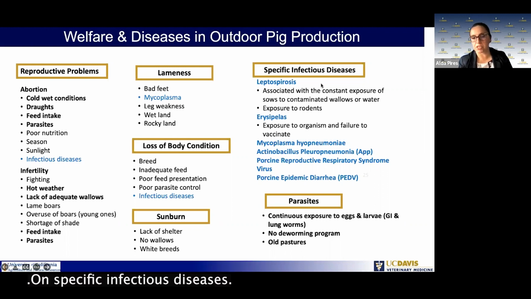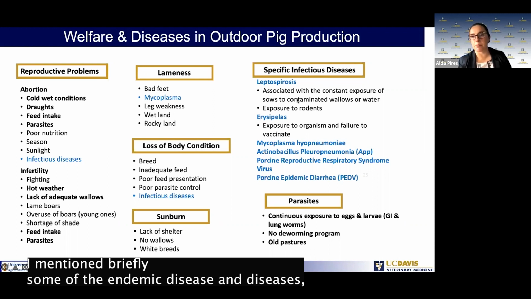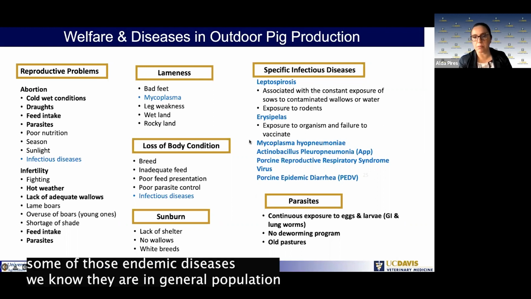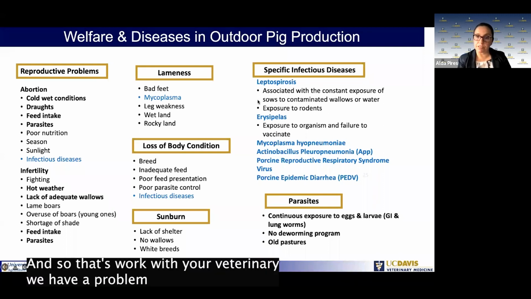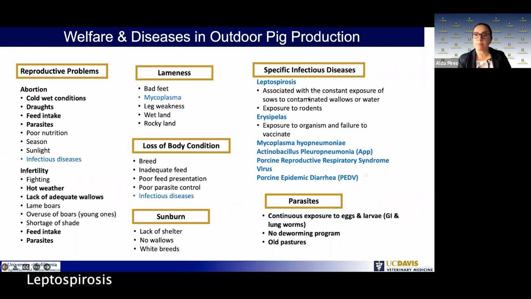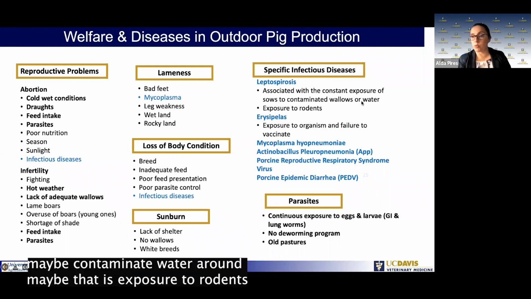On specific infectious diseases, I mentioned briefly some of the endemic diseases. Some of those endemic diseases, we know they are in the general swine population. For some we have vaccines, for some we don't. So work with your veterinarian. Do you have a problem with leptospira? Maybe there is contaminated water around, or maybe there is exposure to rodents.